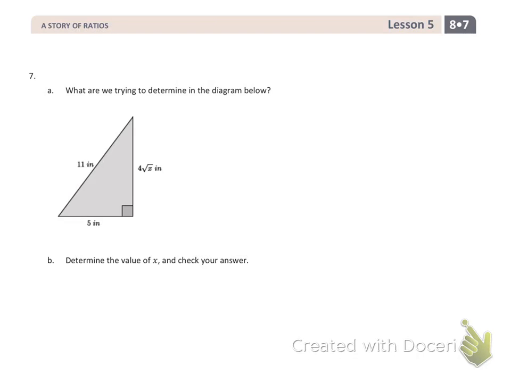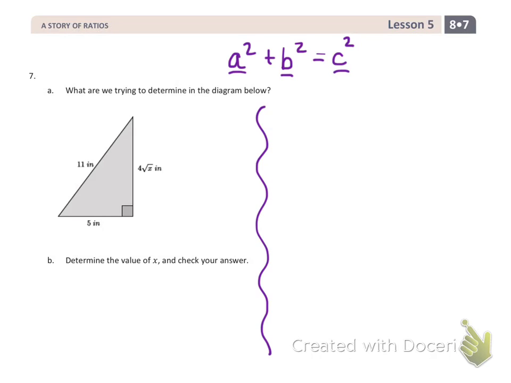And so to determine the value of x, I'm going to come over here and just work in this space here. I know for the Pythagorean theorem that a squared plus b squared equals c squared when a and b are the legs and c is the hypotenuse.